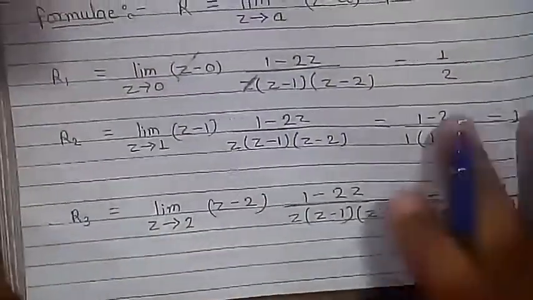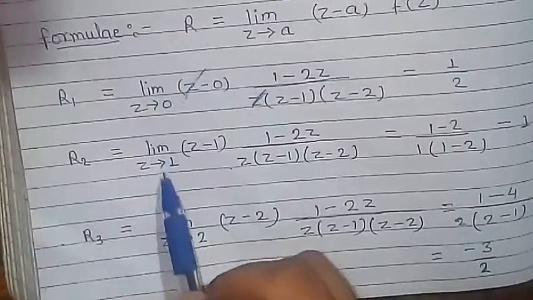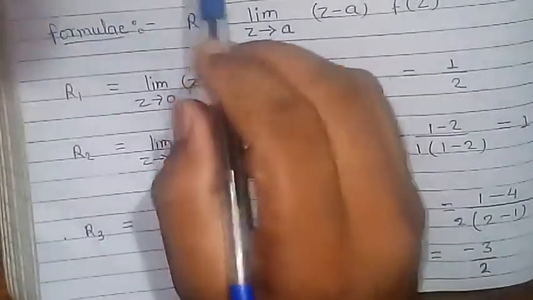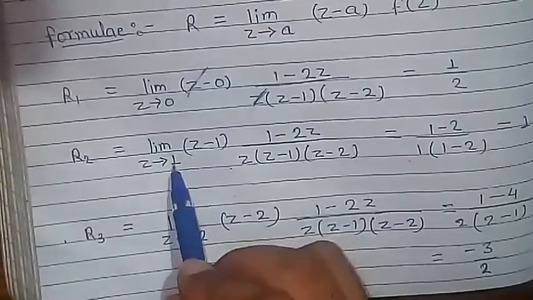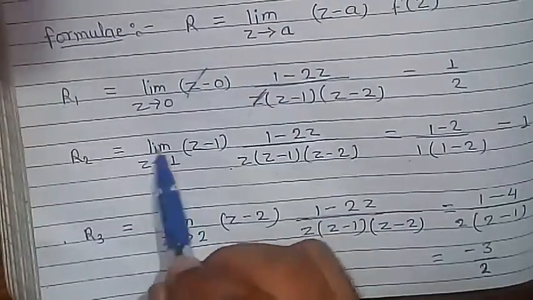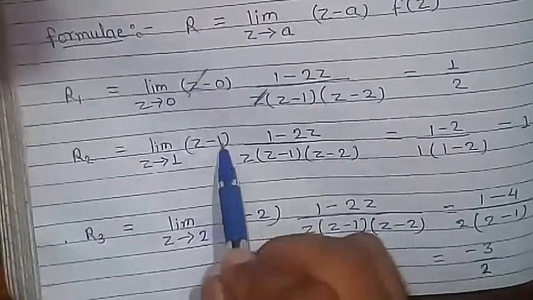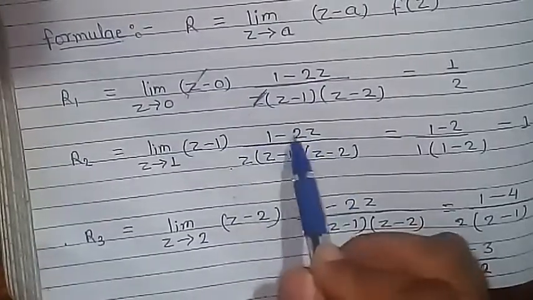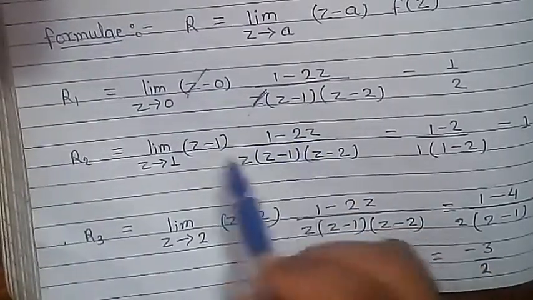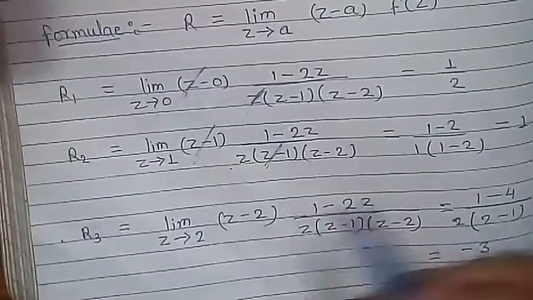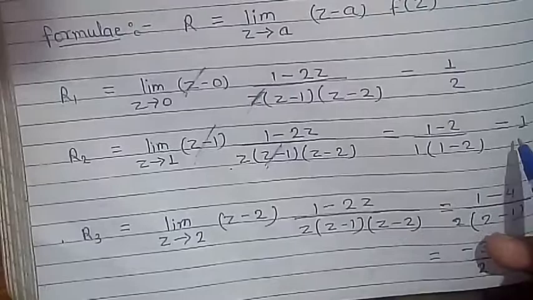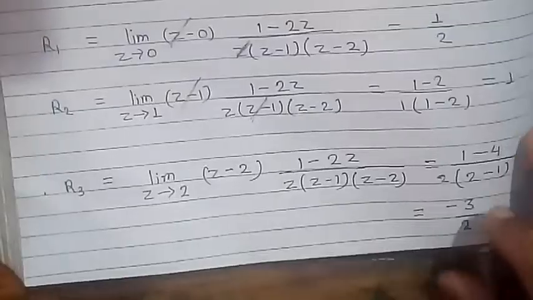The second residue is limit z tends to 1, because z is equal to 1. Here a is equal to 1, so we will put a equal to 1. Limit z tends to 1 of (z minus 1) into the function. Now here z minus 1 cancels with z minus 1, so when we simplify we get 1.